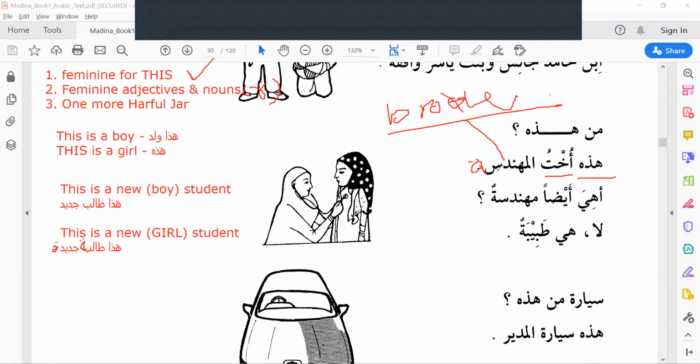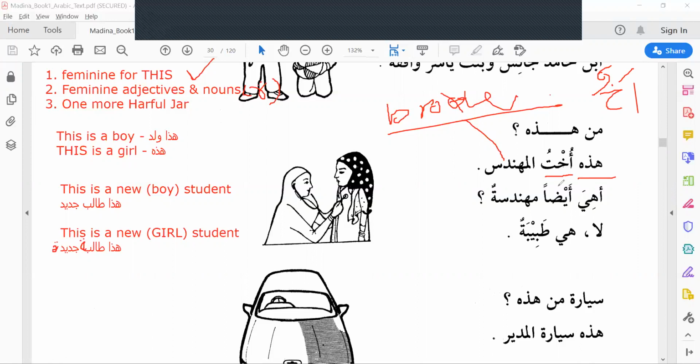But in this context, his brother is the engineer, and she is the engineer's sister. Hadihi ukhtu muhandisin. Akhun means brother.